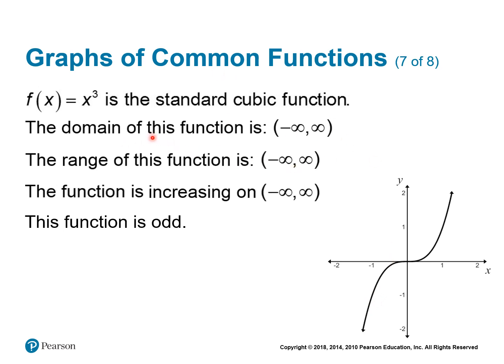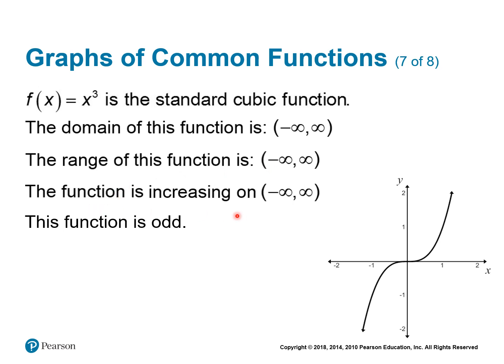The domain of this function, the x values that can be input into the function, is any value from negative infinity to positive infinity. We can plug in any value for x. The range, the y values output from this function, can again be any value from negative infinity to positive infinity.